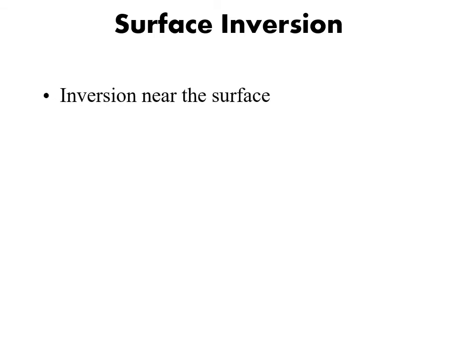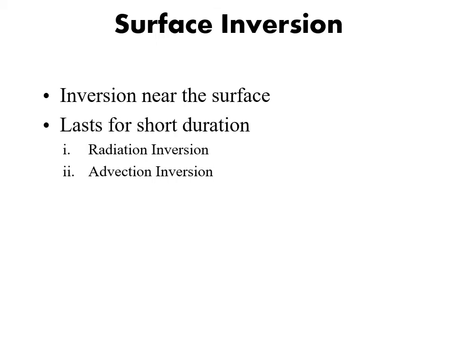In surface inversion, as from the name you can have an idea, it is mainly restricted close to the surface area, that means close to the earth surface. And this type of increase in temperature with altitude close to the surface lasts for short duration.